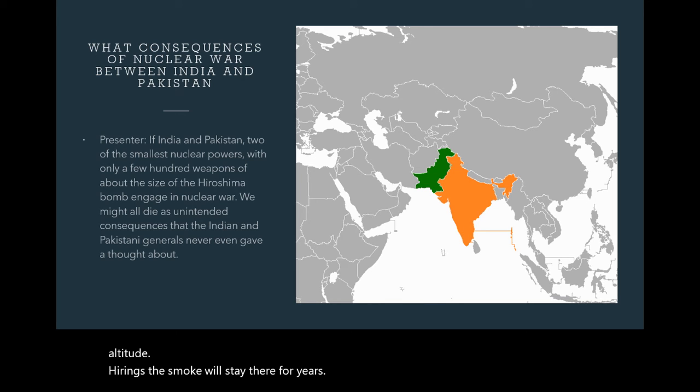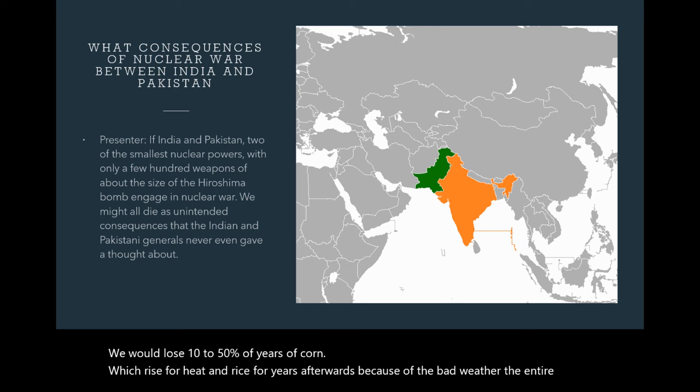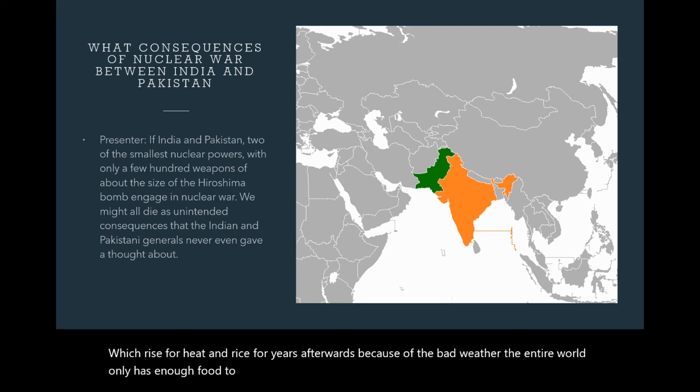It is estimated that after a war between India and Pakistan, we would lose 10 to 40% of corn yields, which would persist for years afterwards because of the bad weather. The entire world only has enough food to feed the population for 60 days unless agriculture produces more food.